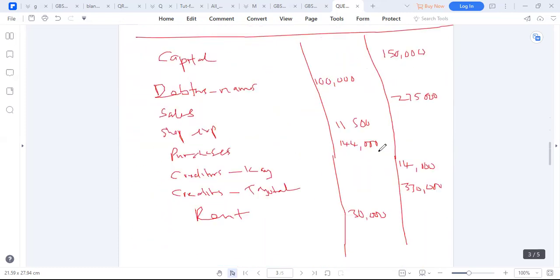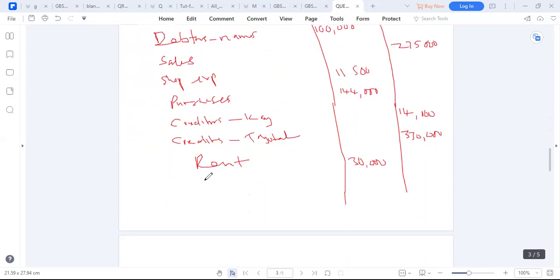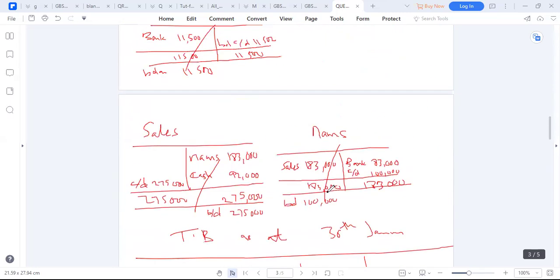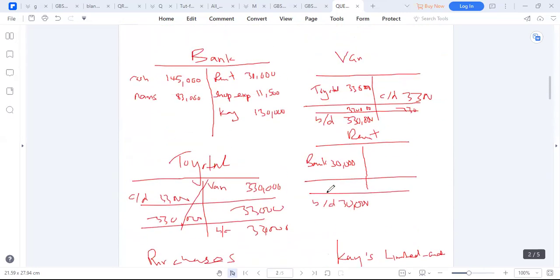So van, 330. Why is van a debit? Assets have a debit balance. Then we remain with what?